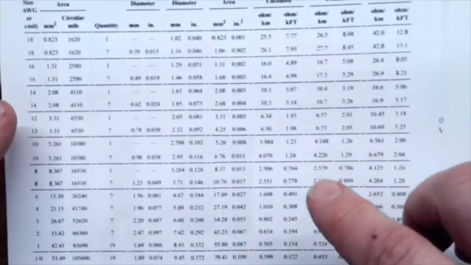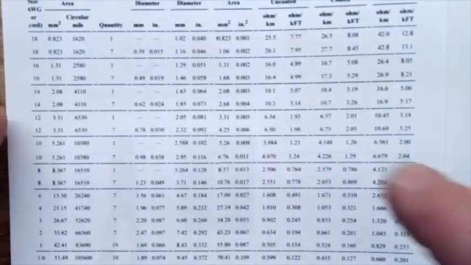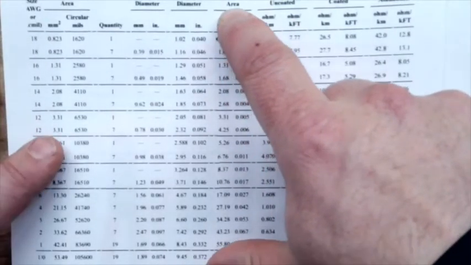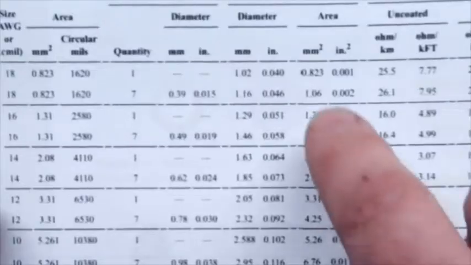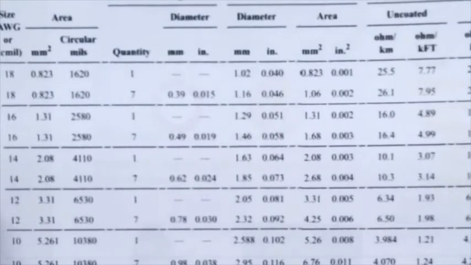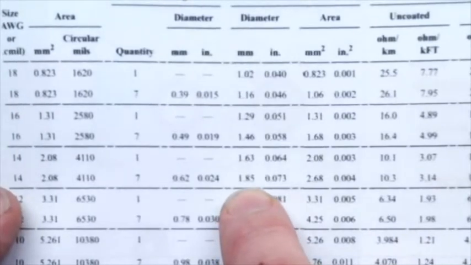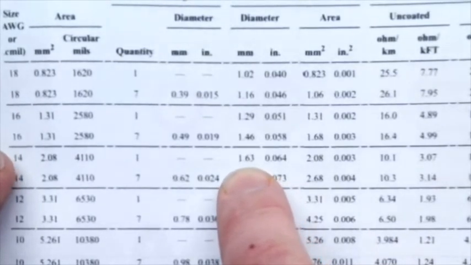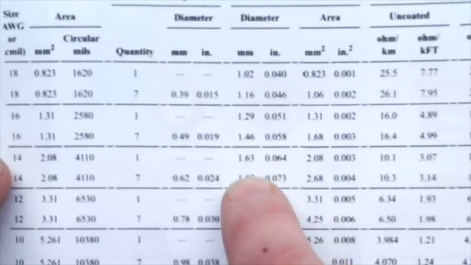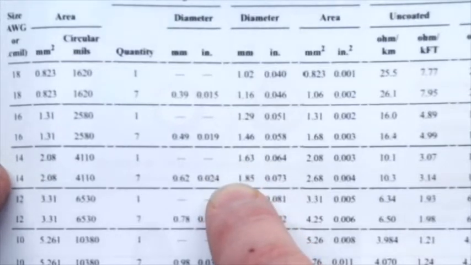Remember, one big way to find it is the diameter, and the diameter of a stranded conductor is slightly larger than that of a solid of the same size. So the diameter for 14 is 1.85 for stranded and 1.63 for solid. I know that might be hard to see, but that means the top one is solid, the bottom one is stranded.